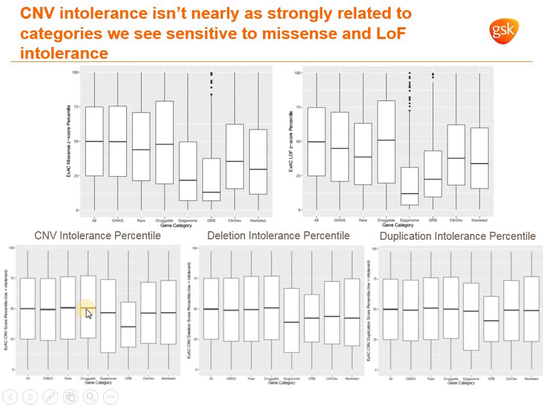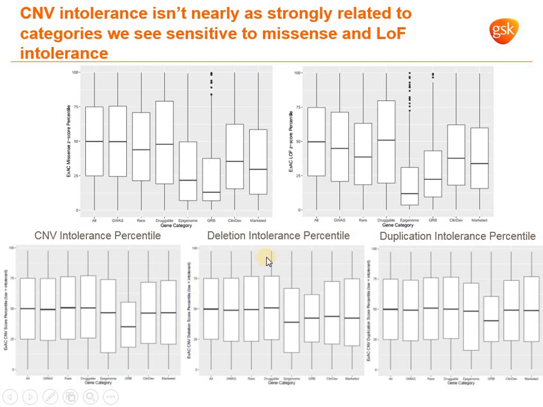Really nothing differentiating the druggable genes. Maybe a little bit of a trend towards more intolerant genes amongst the epigenetic genes. Really, GRB provides us the strongest signal, and again, just a slight trend for those under clinical development or marketed drugs.